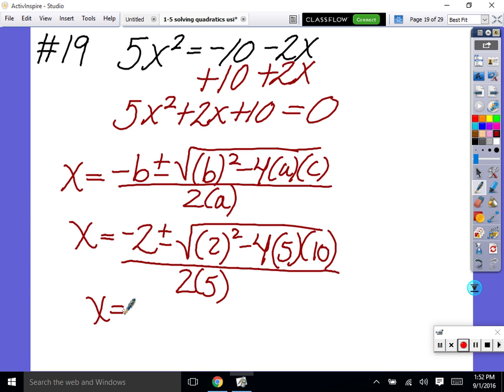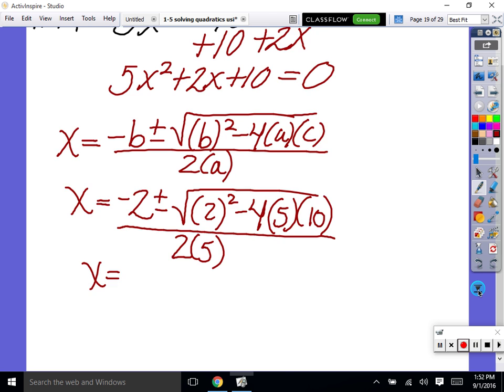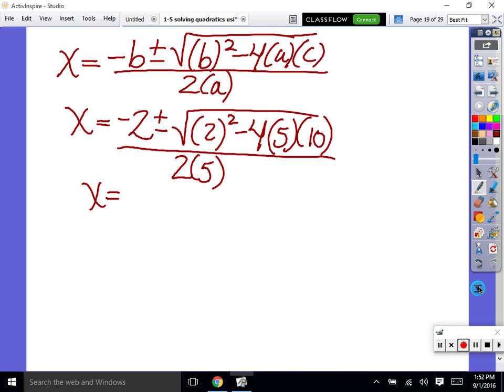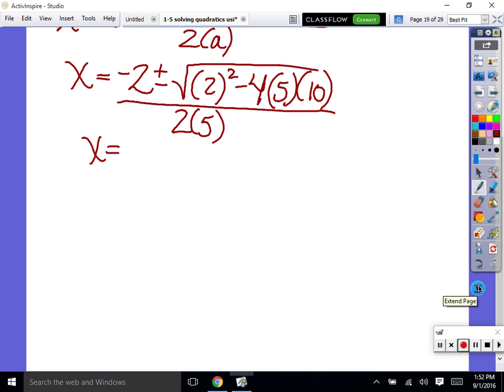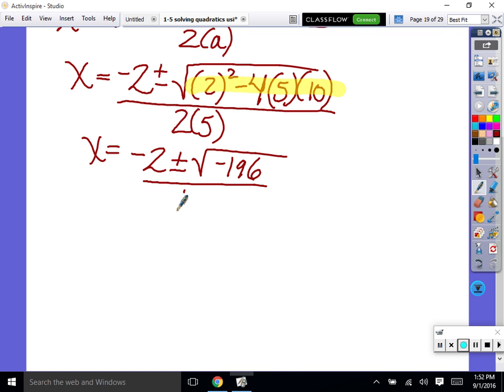Simplifying it again. So we get x is equal to negative 2 plus or minus the square root. Once again, the important thing is to only type that part into your calculator. And you should get negative 196, and that's all over 10.